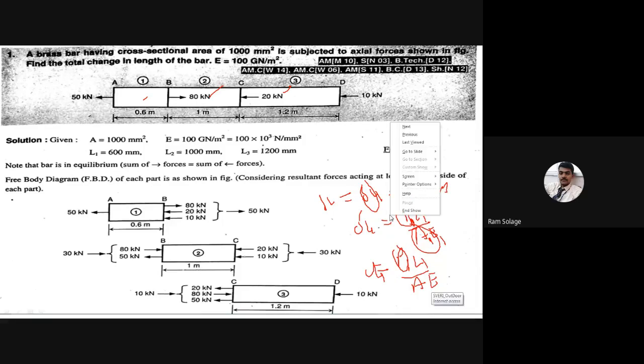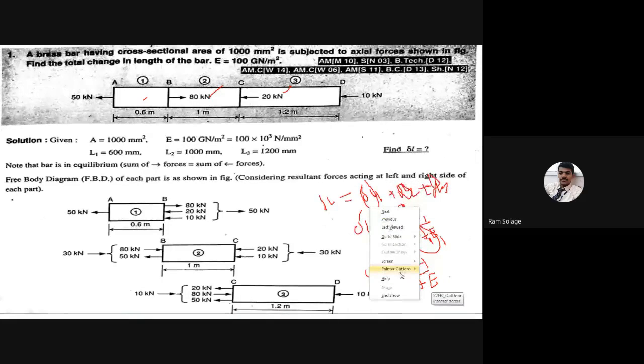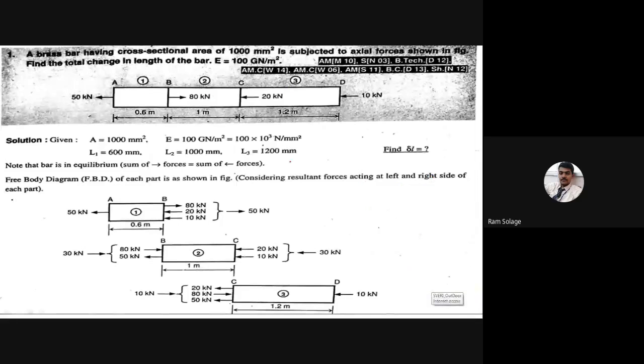Now, how to calculate the values of P1, P2? Now see here. Now, I will draw this. Don't concentrate on the figure we have already shown on the screen. Just concentrate on my pen. I will draw the free body diagram. I have drawn one section, the AB section.